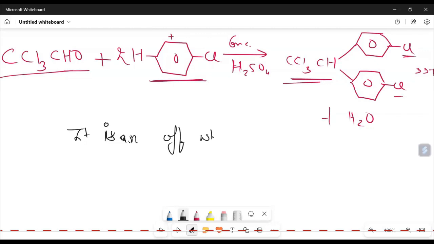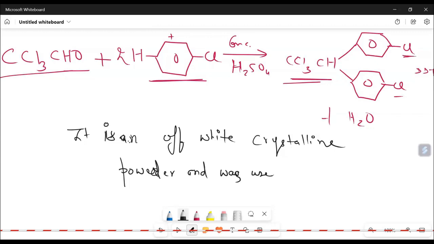It is an off-white crystalline powder and was used as insecticide. DDT.